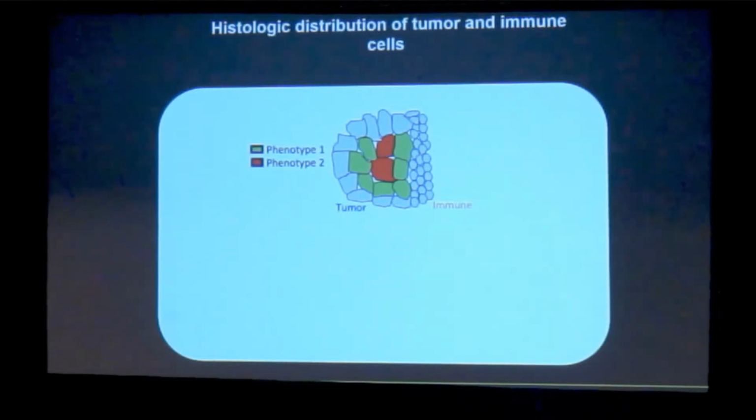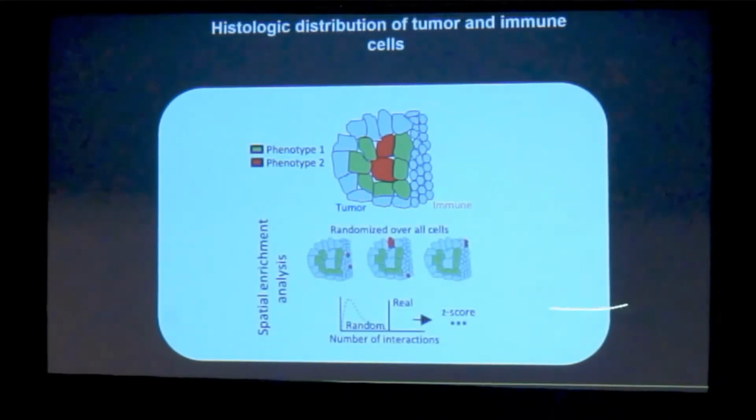So we do around 1,000 randomizations where all the immune cells and tumor cells are randomized to different locations from where they were before. We do that about 1,000 times to get a null distribution so that we can then calculate a z-score. And so we have a pretty good idea that if we see co-localization of certain markers for immune cells or for tumor cells, it's something that we can confidently say shouldn't have happened by random chance.